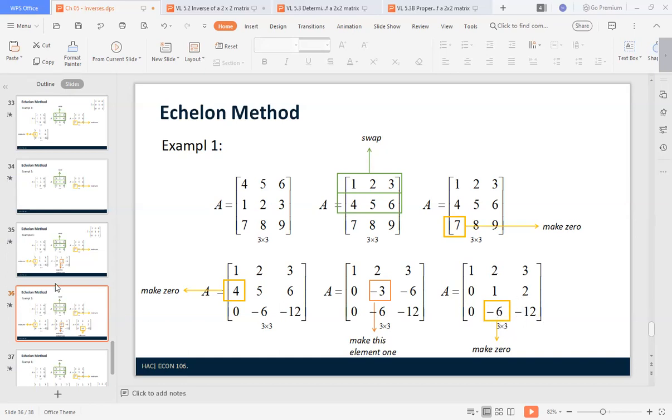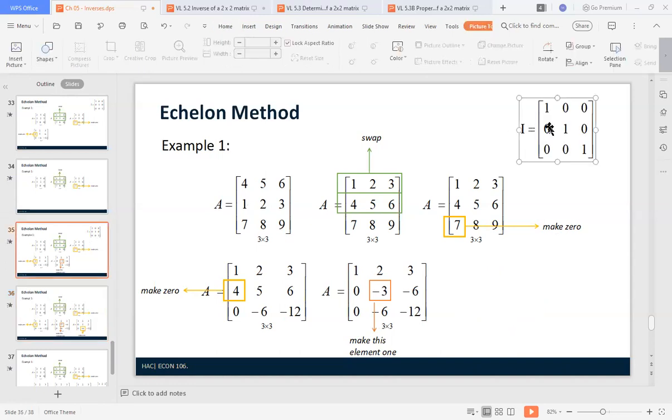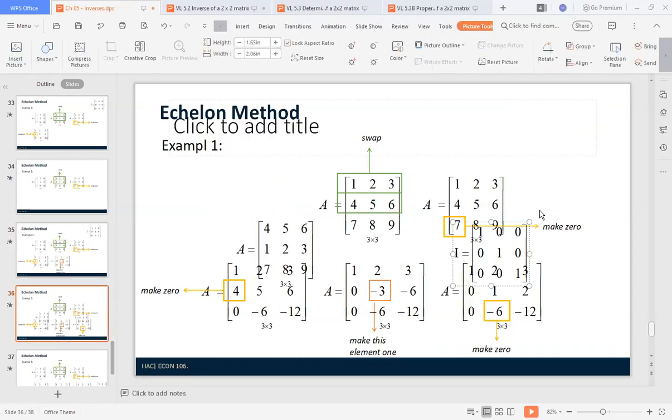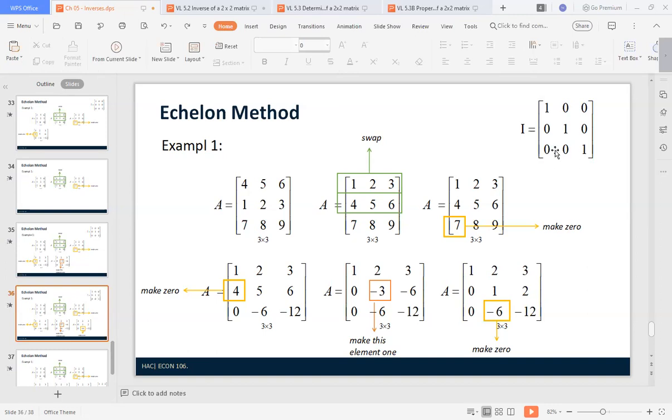Okay, so the next thing to do is to make this one a 0, class. How will we make this one 0? We introduce a positive 6, a scalar positive 6 multiplied to this row here and added to this third row here.